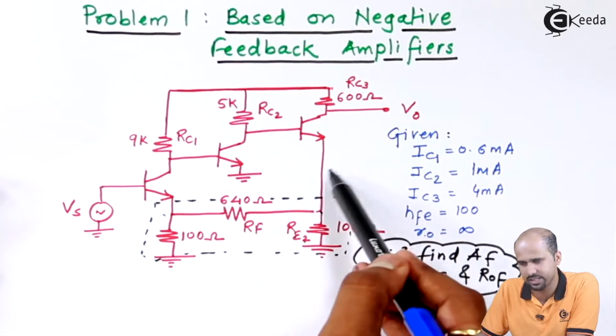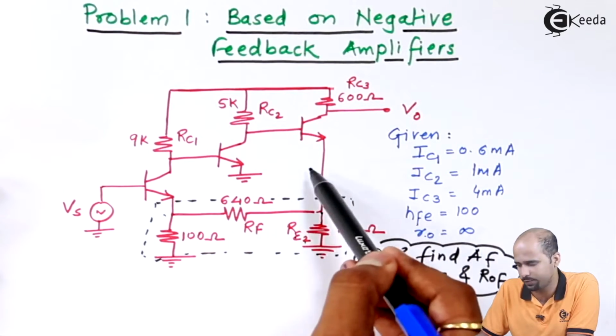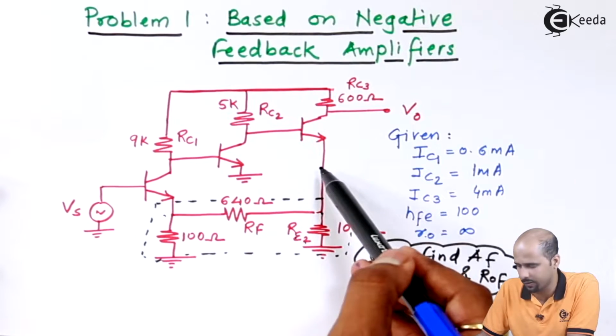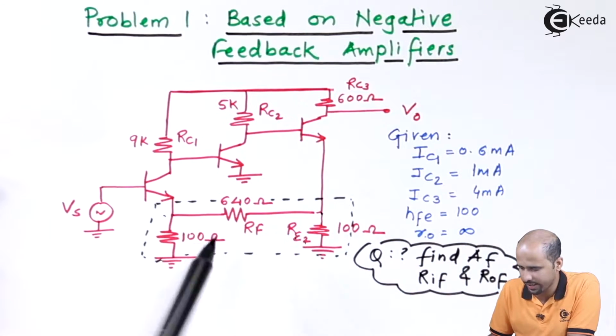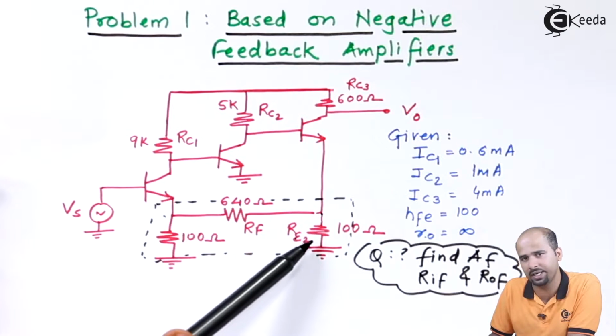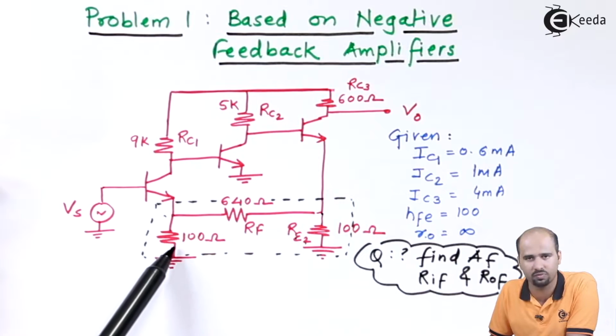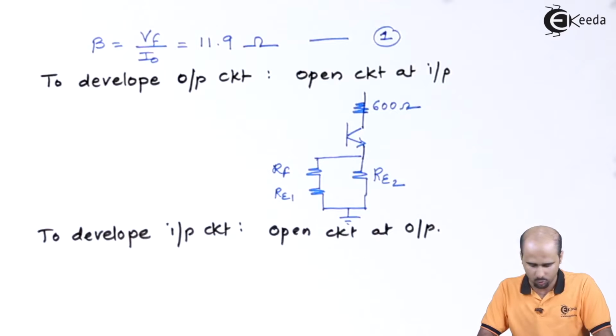So we'll disconnect this particular emitter of the last transistor from the feedback. So again I will be getting 640 and RE2 now in series, and that combination will be again in parallel with RE1.